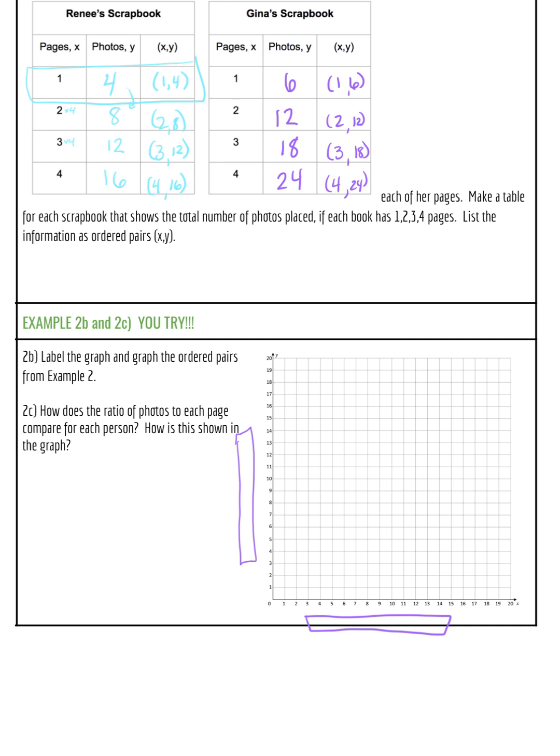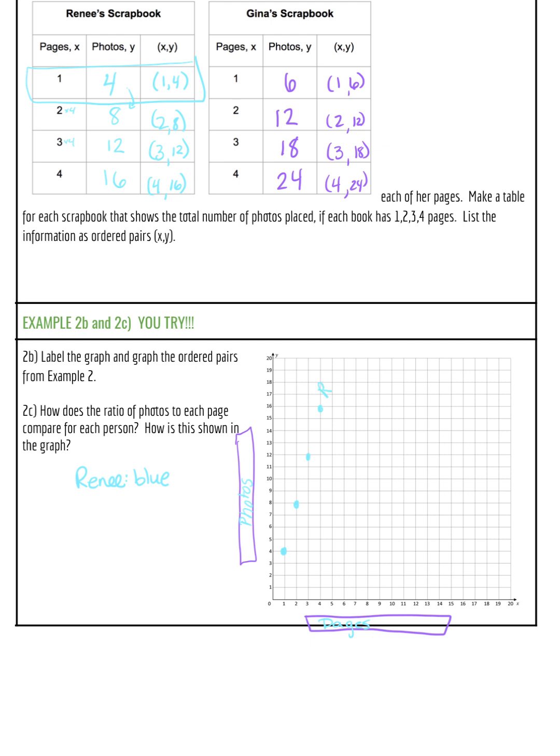So I'm going to label the x-axis pages, and then this is photos. The first one we're going to do, Renee is going to be in blue. So I have 1, 4, 2, 8, 3, 12, and 4, 16.